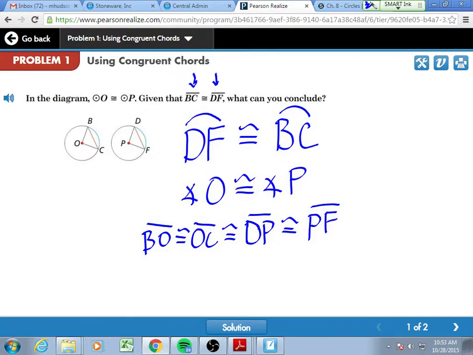Side, side, side will work too, since we've already proven that the chords are congruent. So the last thing will probably be triangle BOC is congruent to triangle DPF. Order matters.